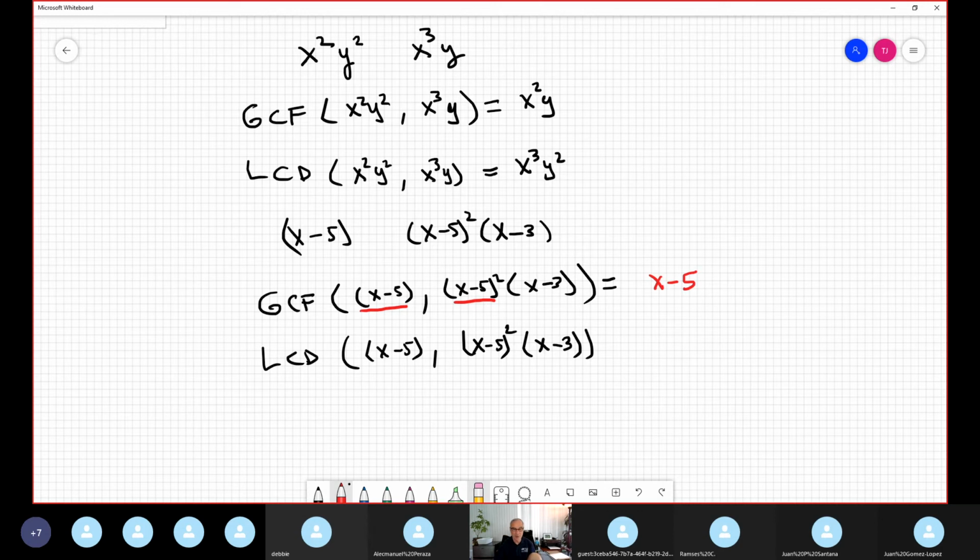You take the smaller exponent. Least common denominator? No. You take every factor. So in my final answer, participate x minus 5 and x minus 3. And you take the greater exponent. So it's x minus 5 squared times x minus 3.